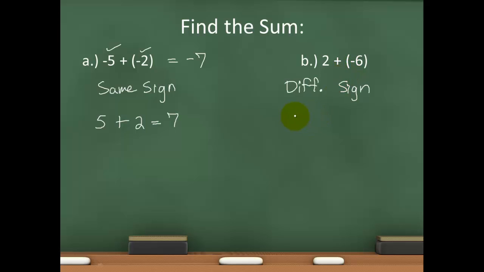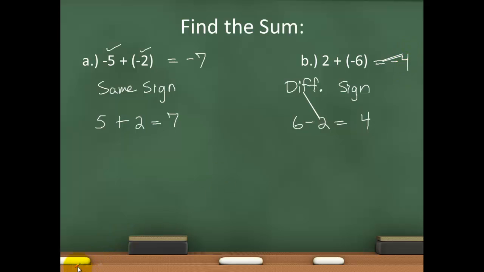Well, 6 is bigger, so normally when we subtract, we do 6 minus 2, and 6 minus 2 is 4. Now I have to worry about my signs. The absolute value of 2 is 2, and the absolute value of -6 is +6. So -6 has the larger absolute value. That means that my sign on this 4 should be negative. So my solution here should be -4.